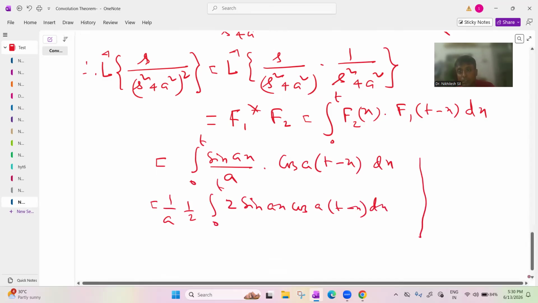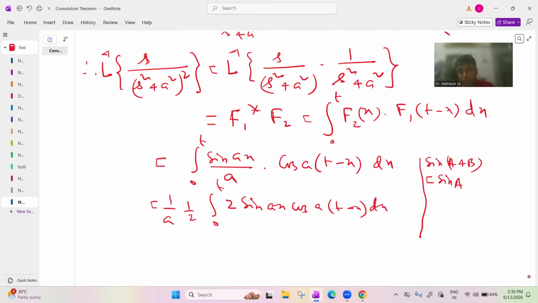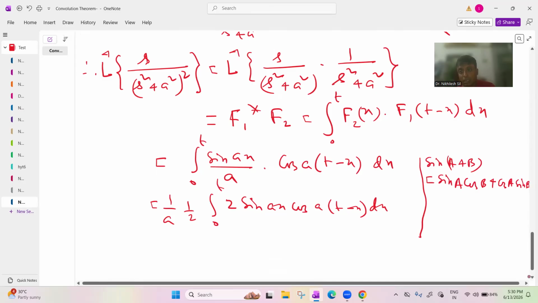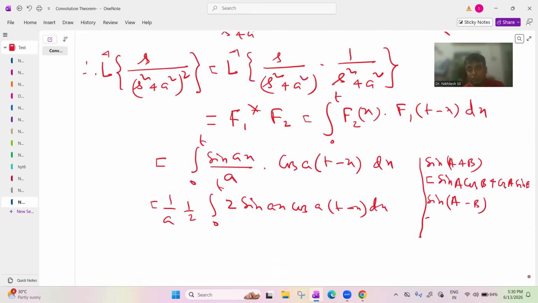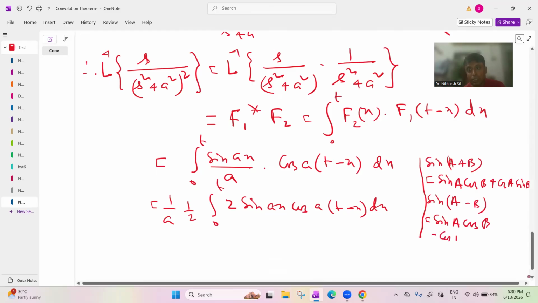We know that sin(A plus B) equals sin A cos B plus cos A sin B, and sin(A minus B) is equal to sin A cos B minus cos A sin B. If we add, then cos A sin B will be cancelled.